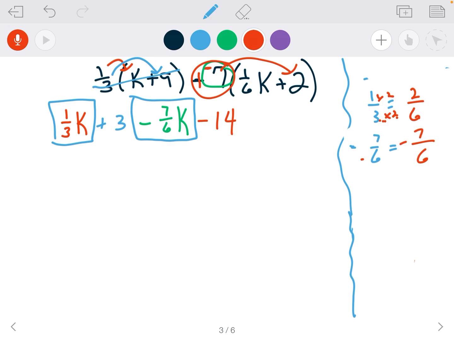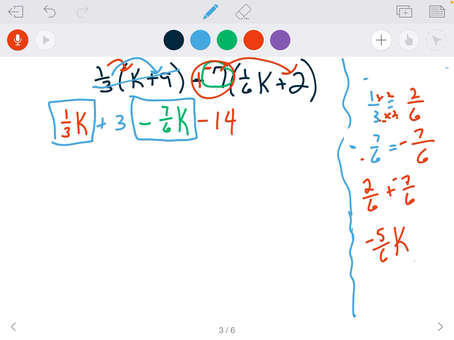So now I have, this is a -7/6. So I have 2/6, take away 7/6. When we are subtracting opposite signs, I can add, so I have a -7, take away 2. I subtract the numbers and keep the sign of the absolute value, the larger number, so 7. 7 take away 2 is 5, so it's a -5/6 k.